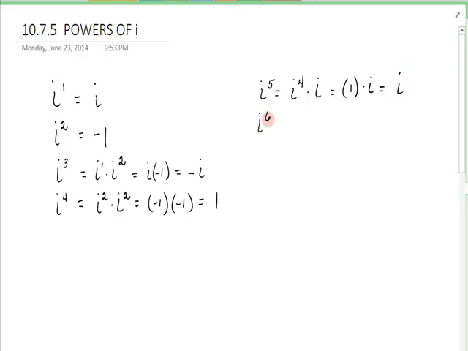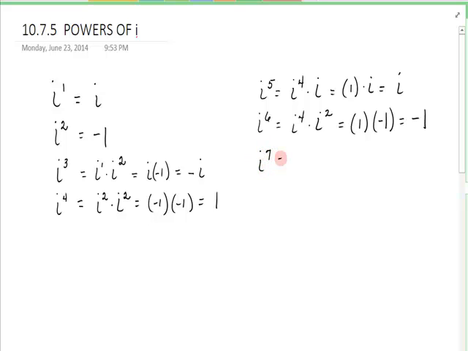I to the sixth, I'm going to call it i to the fourth times i to the second. Remember that when you multiply two bases with powers that you add the exponents. I to the fourth is 1. I to the second is -1. So that's equal to -1.